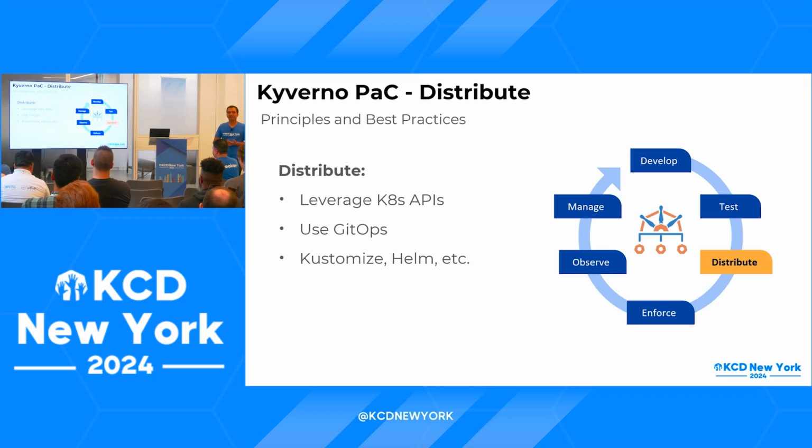And what we have seen is customers are using a combination of tools like Kustomize and GitOps, so that becomes a robust solution. Because let's say a customer may want to deploy policies across different clusters in different modes, in audit or enforce. So with these tools, you can have that flexibility.